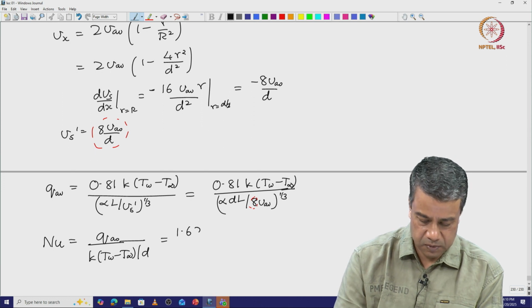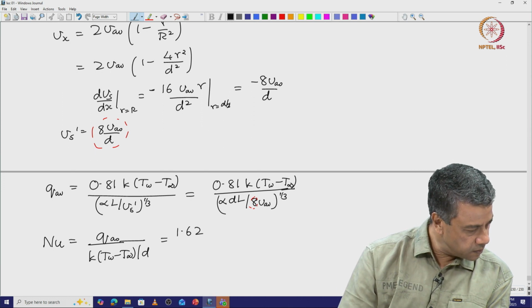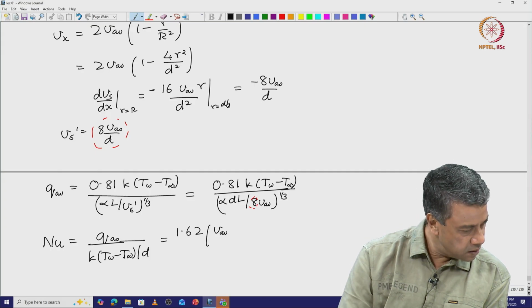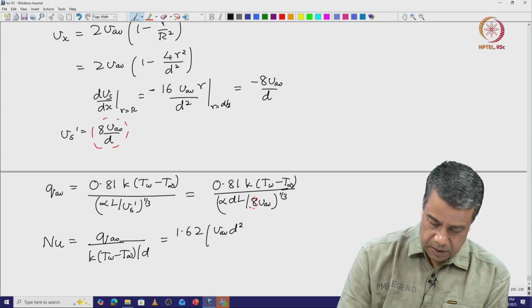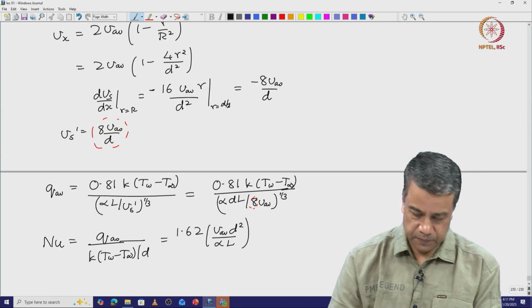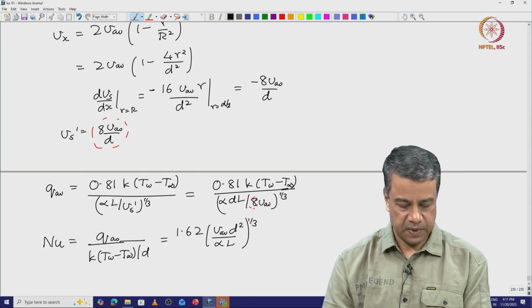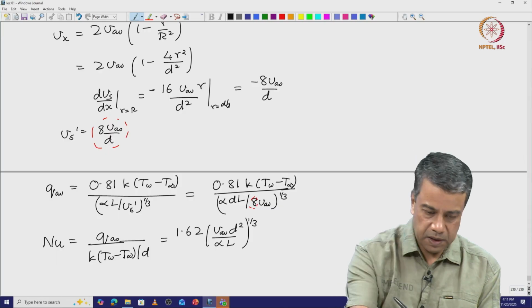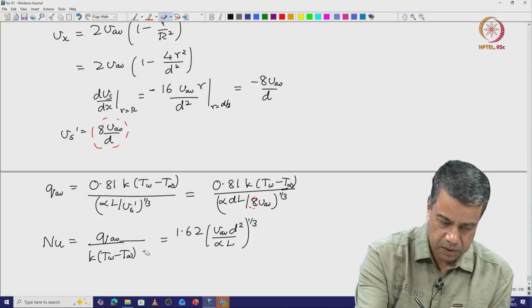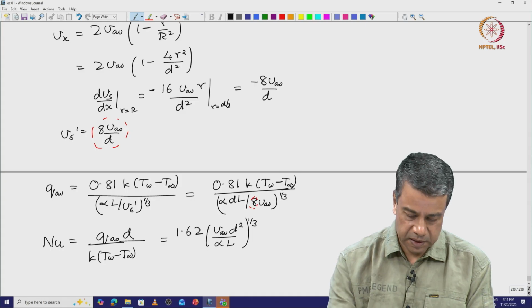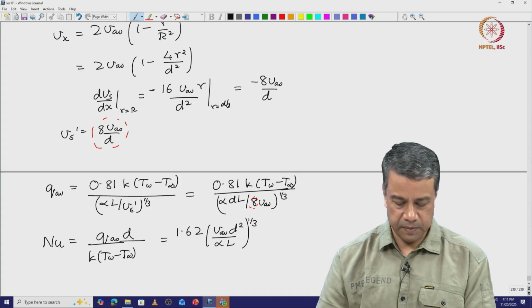So, I will get 1.62 into V average d square by alpha L, whole power 1/3. This d in the denominator, you can take it into the numerator, and I will get a d power 2/3 because this d cancels out with this d power 1/3 in the denominator to give me a d power 2/3.